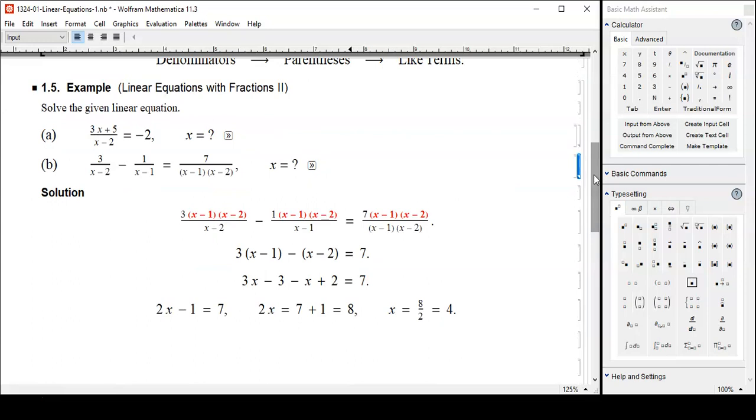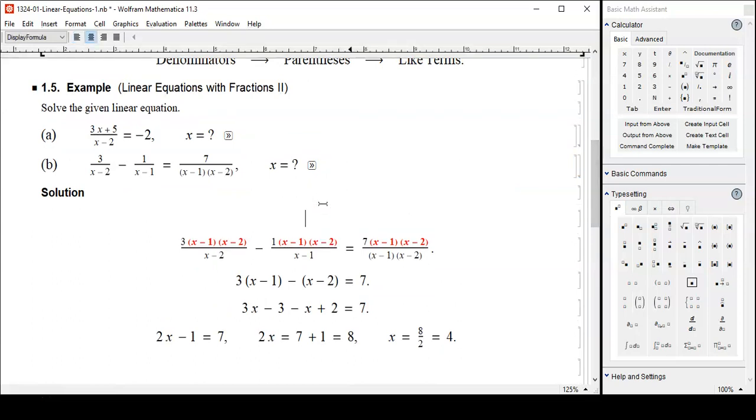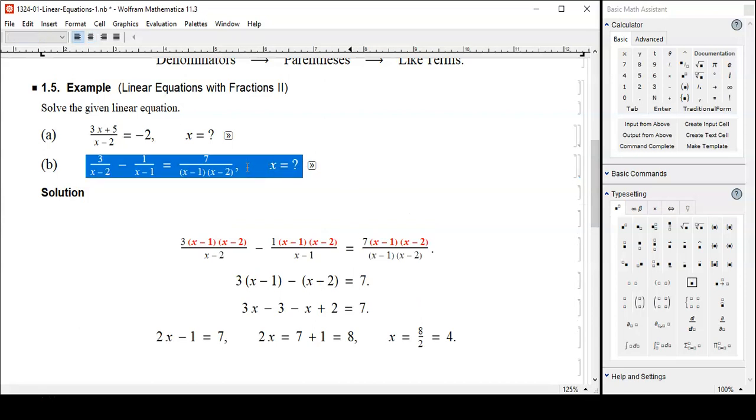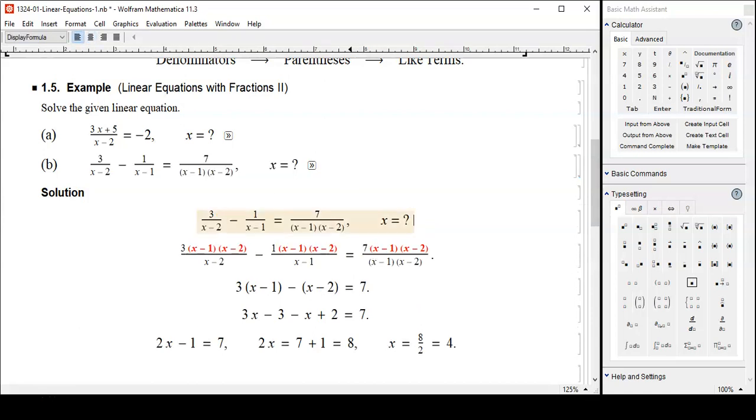Now, one more thing. What if this original problem had been written like this? Instead of this x minus 1 times x minus 2 form, it could have been written in expanded form like this.